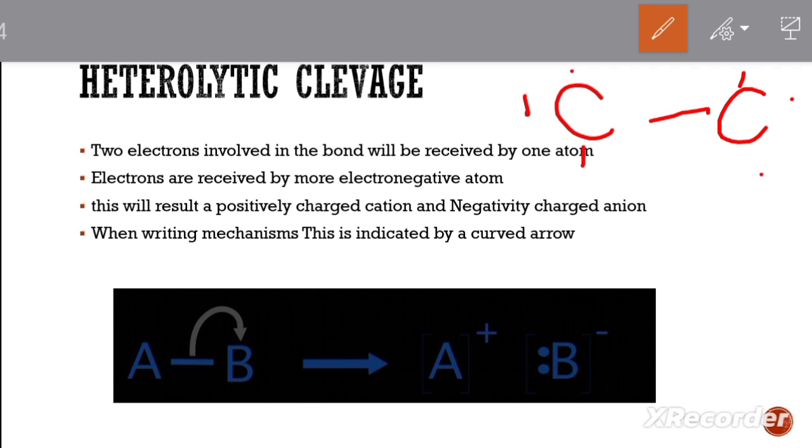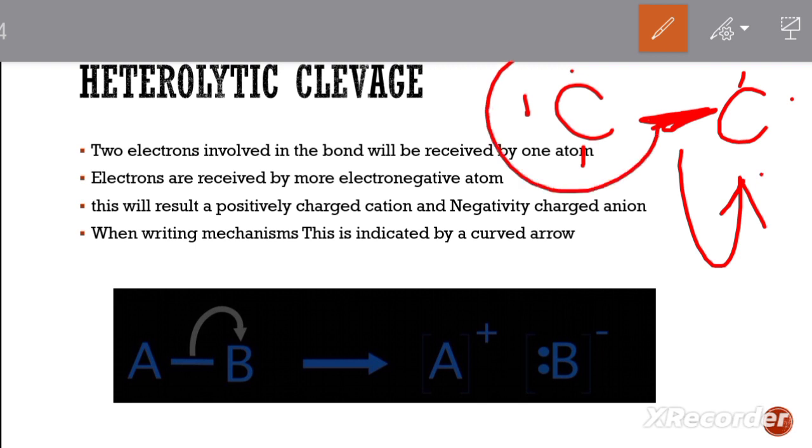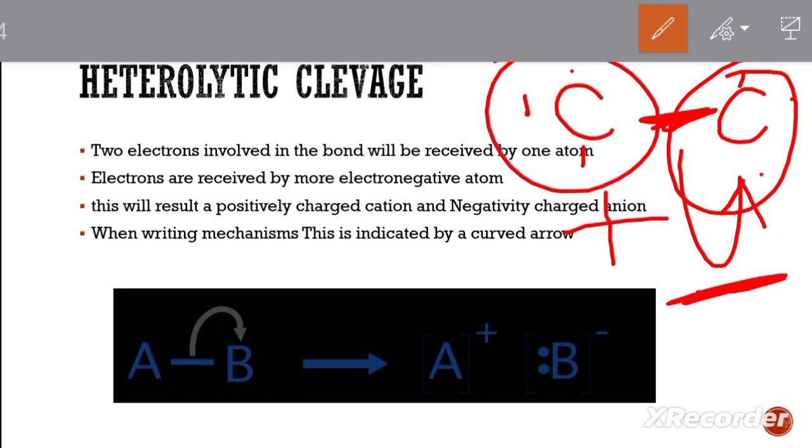Right? When these two electrons involved in this bond are received by a single atom, this carbon atom has only 3 electrons, so it becomes positively charged, and this atom has 5 electrons, so it becomes negatively charged.